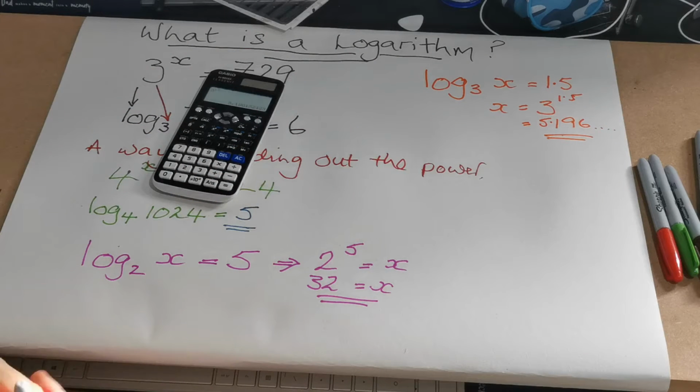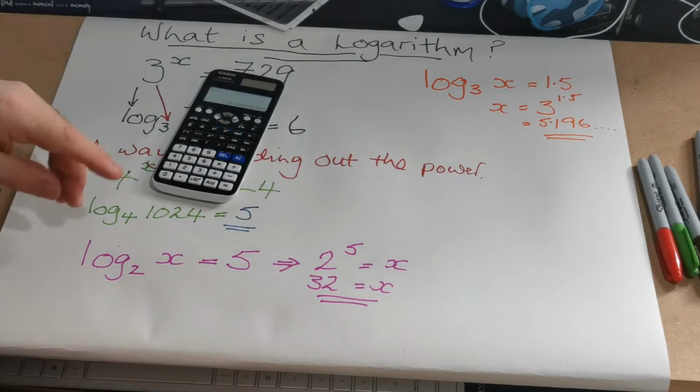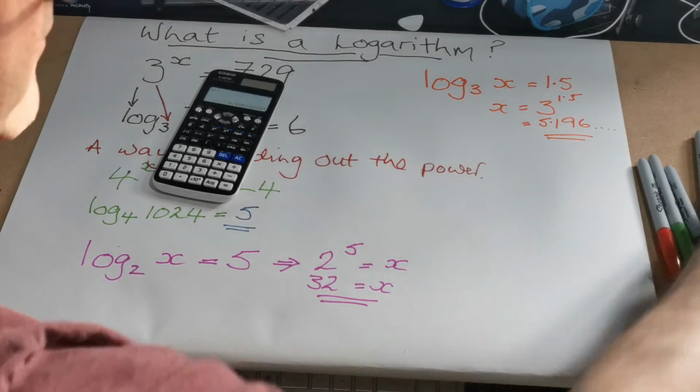And if you did log to the base 3 of 5.196, then you would get 1.5.